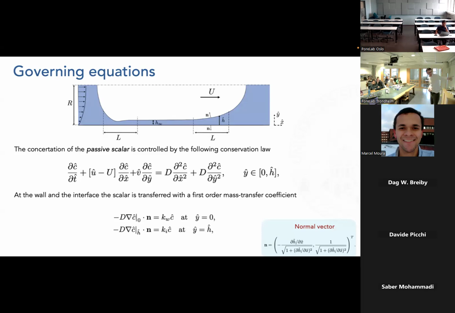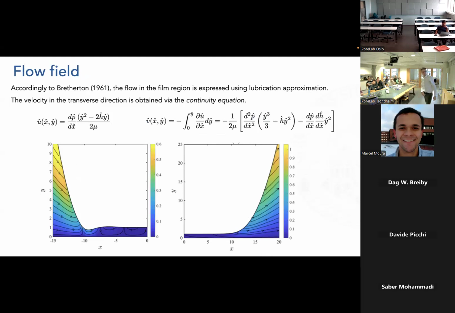You see that the concentration is advected both in the U direction and in the V direction. Both U and V can be computed analytically based on the lubrication theory. So if we take the Bretherton theory, we already have the velocity in the axial direction. We can also have it in the transverse direction, just using the continuity equation. Everything can be done analytically.